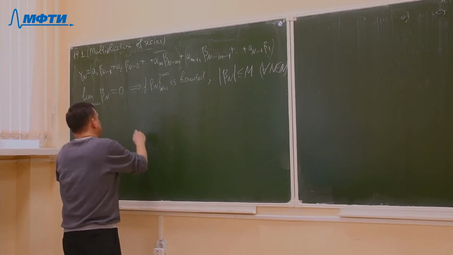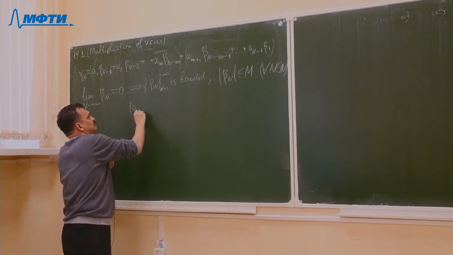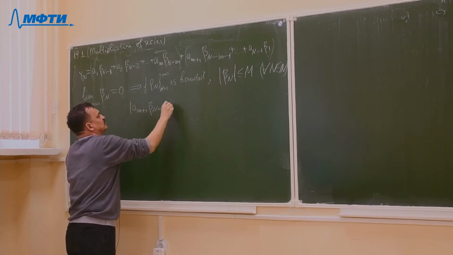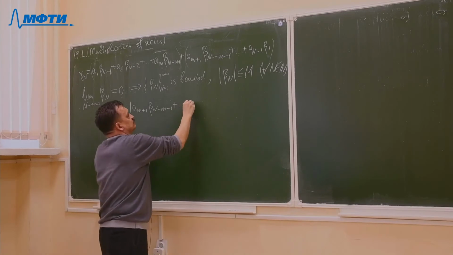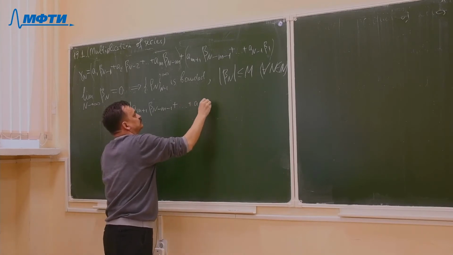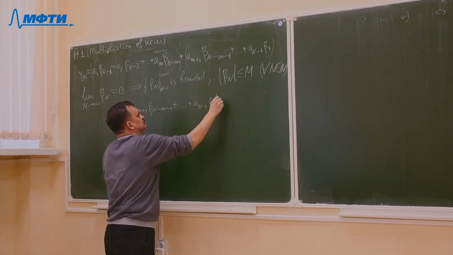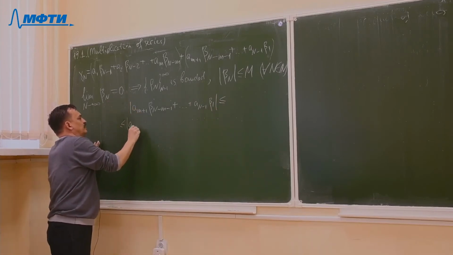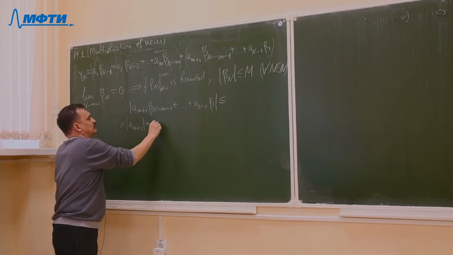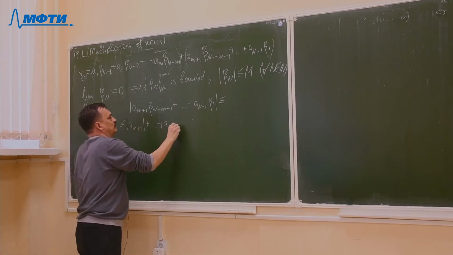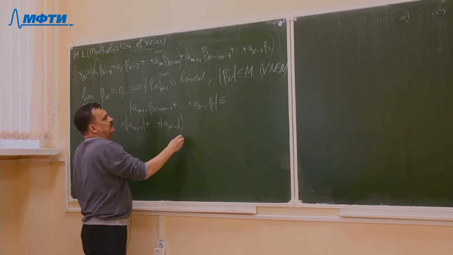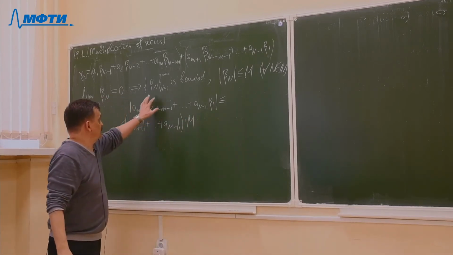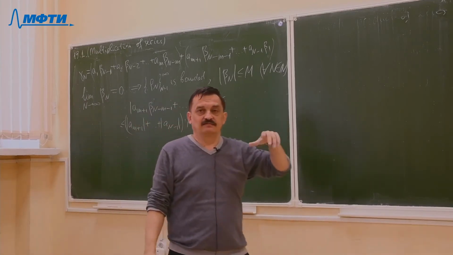So, I want to estimate the second half like that. Less or equal, modulus of a n plus 1 plus so on plus modulus of a n minus 1 times capital M. So, I estimate each of the betas by capital M, right?